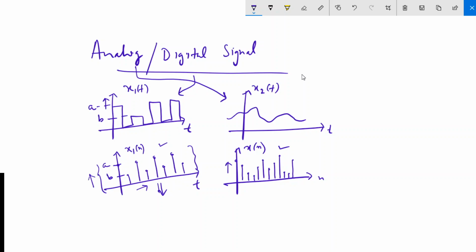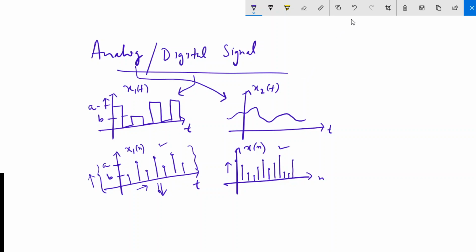First we discretize the time. When you discretize the time, the signal converts from continuous time to discrete time, and then when we discretize the amplitude axis, it becomes a discrete time digital signal, right? These two classifications are very important.